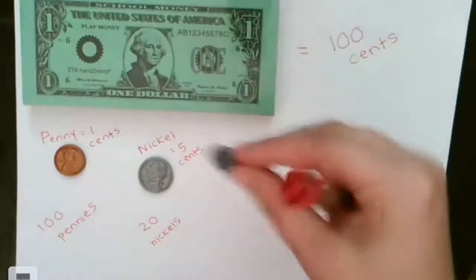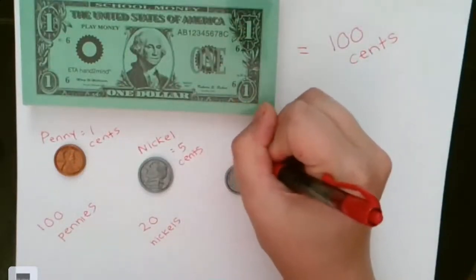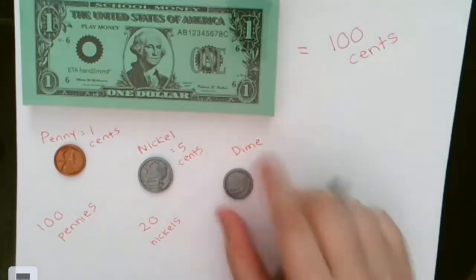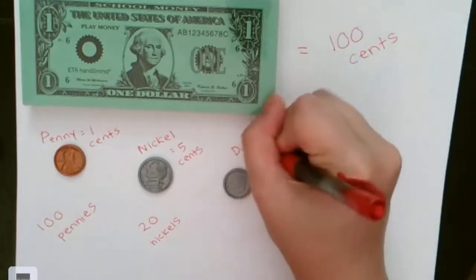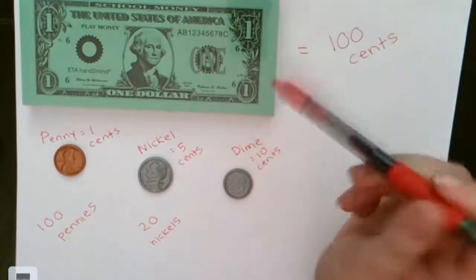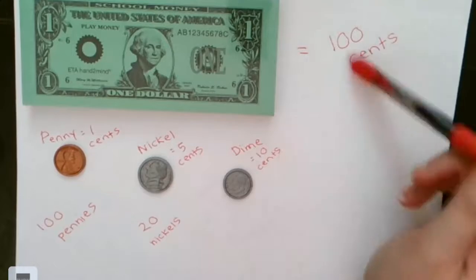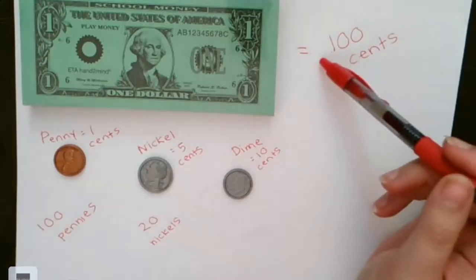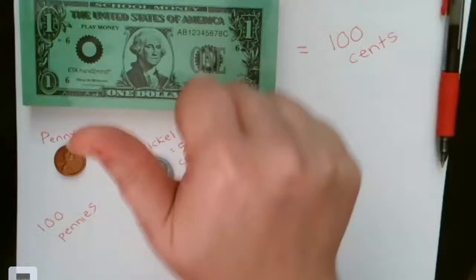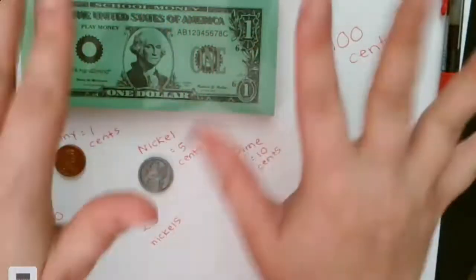Gonna pull out my dime. Which we know equals 10 cents. So now we're skip counting by tens. And we want to get to 100, so we can go 10, 20, 30, 40, 50, 60, 70, 80, 90, 100.